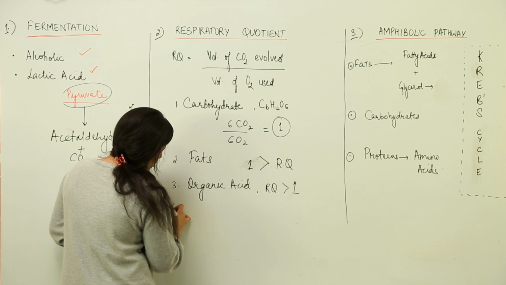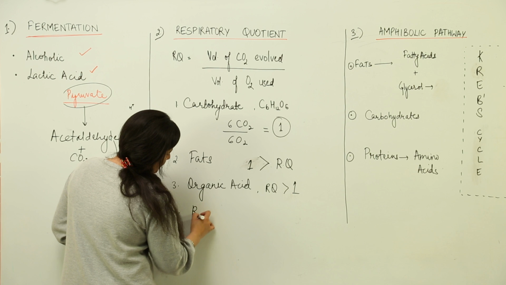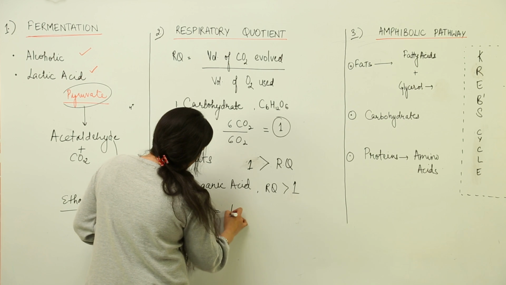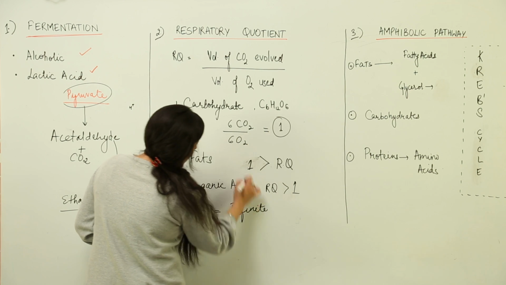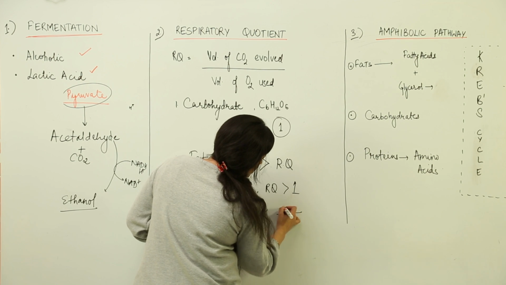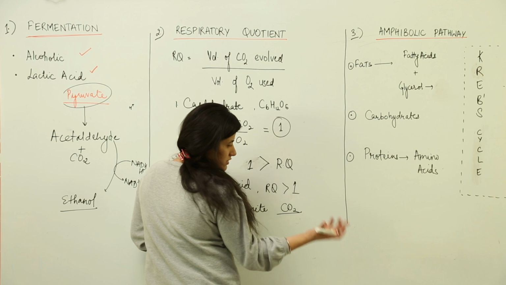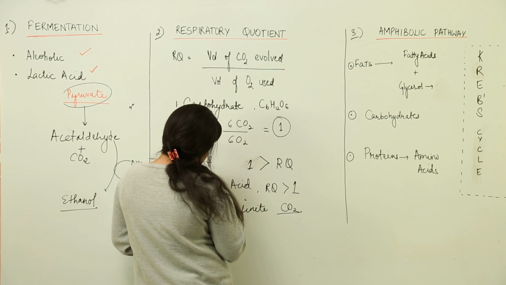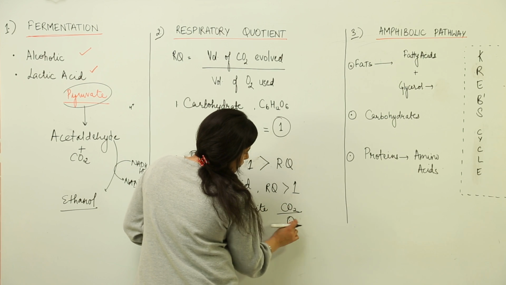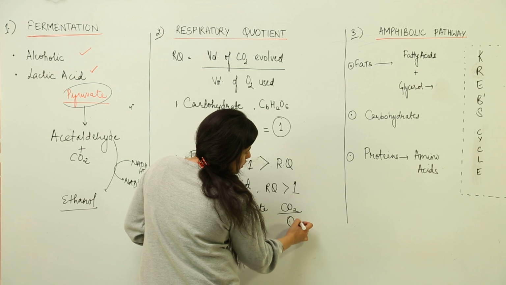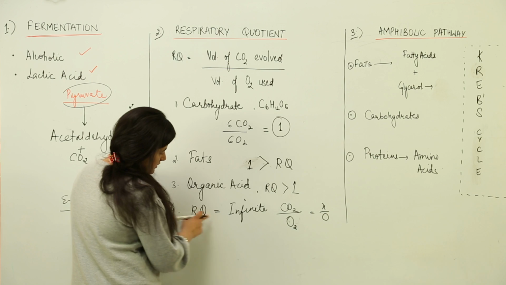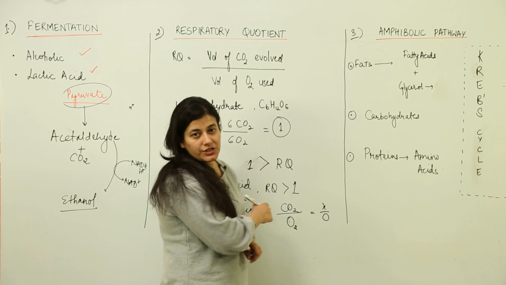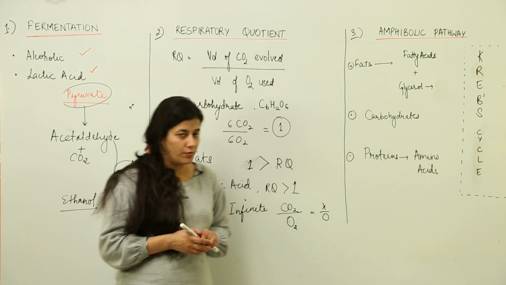When we talk about anaerobic respiration, RQ happens to be infinite. Why is it infinite? Because it is not going to use any oxygen. Whatever amount of CO2 is released in the process of anaerobic respiration, the amount of oxygen used is always 0. So we have an infinite respiratory quotient in anaerobic respiration.